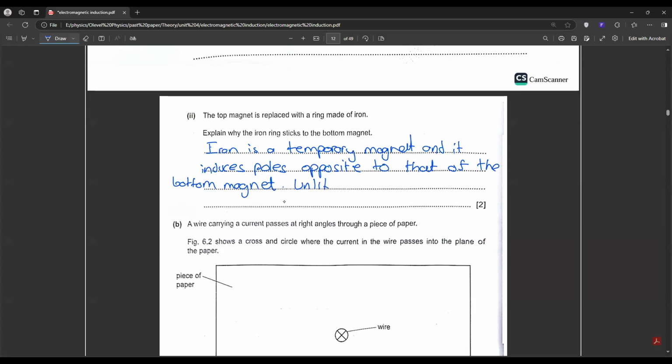Unlike poles attract, and iron sticks to the bottom magnet. Simple as that. Let's further move ahead.